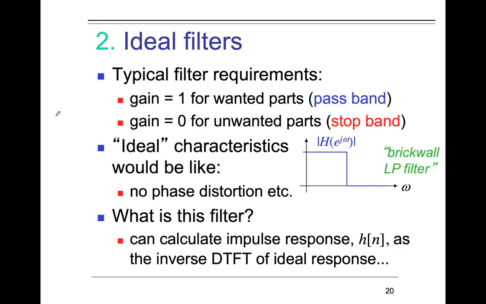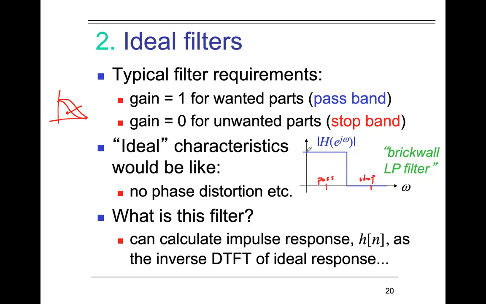Previously we had different magnitude responses, for example, that changed their characteristic with respect to the order. But ideal filters have two bands: one is called the pass band, the other is called the stop band.